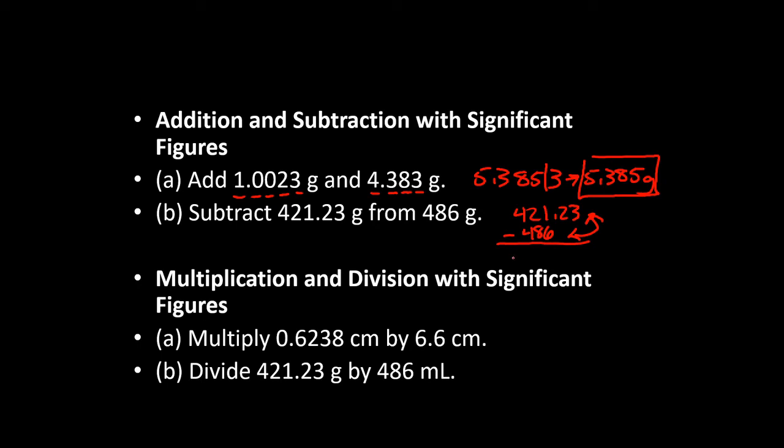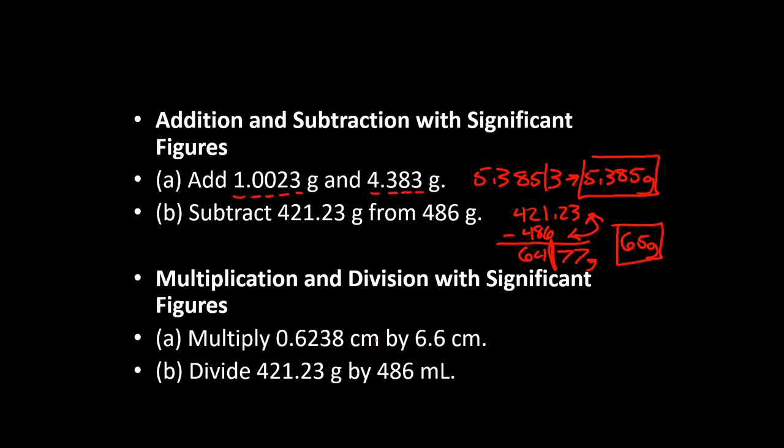If you do that correctly, you would get 64.77 as your answer. That's grams. But once again, the last common decimal place is the first place there, the ones place. And so we had to cut off the number right here. Since the next digit is 5 or greater, our final answer would be 65 grams.